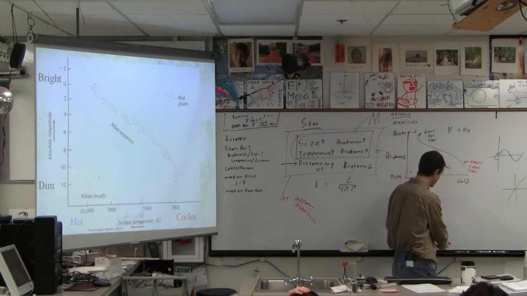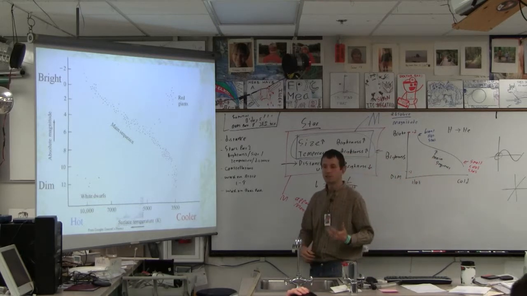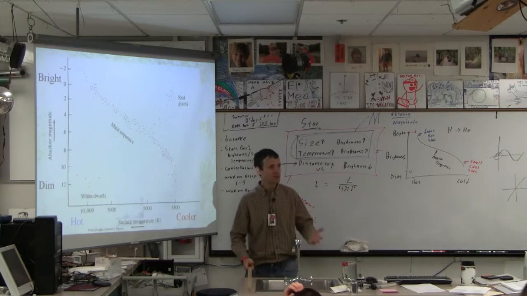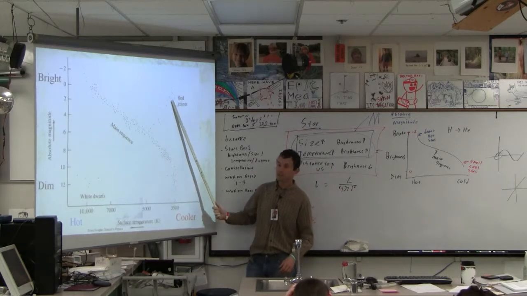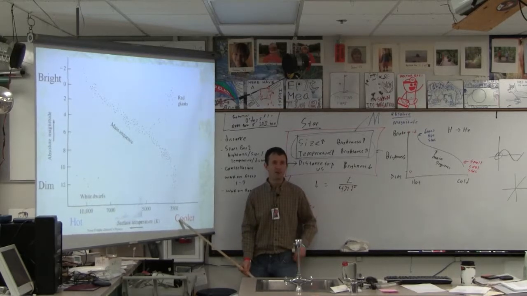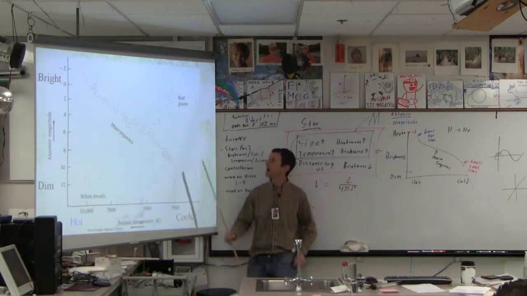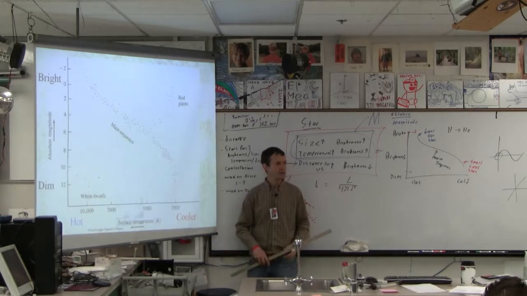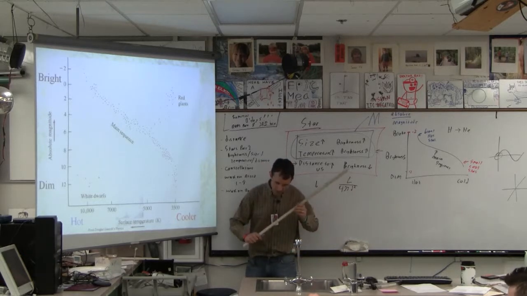Now we've got some mysteries. Let's take a look at these guys here. These guys are cool, but very bright. Shouldn't a cool star not be so bright? So how is it that they could radiate so much energy? They're big.